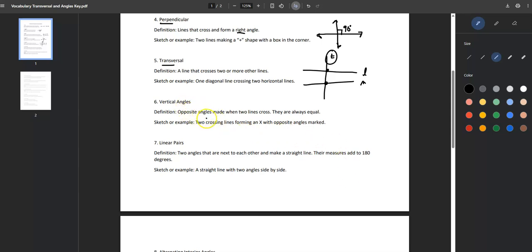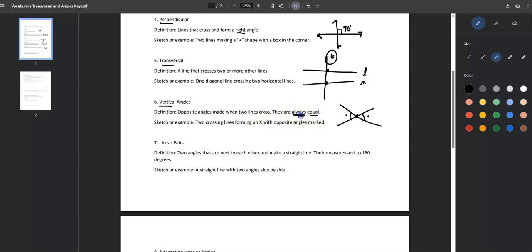Vertical angles are opposite angles. Again, opposite angles made with two lines, and they are always equal. So with these two lines that intersect, it doesn't really matter where, these two angles right here that I'm labeling are considered to be vertical angles. And they are always going to be equal.